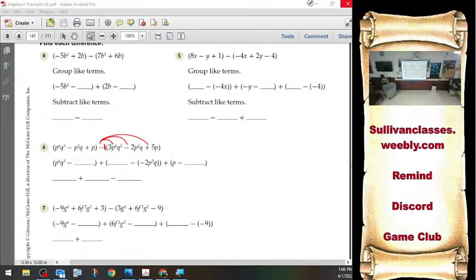No, it's a negative. I got it now. Was negative 5 minus 7.